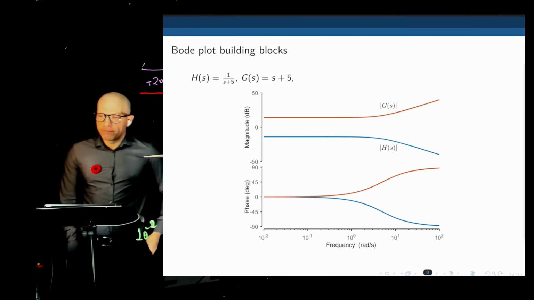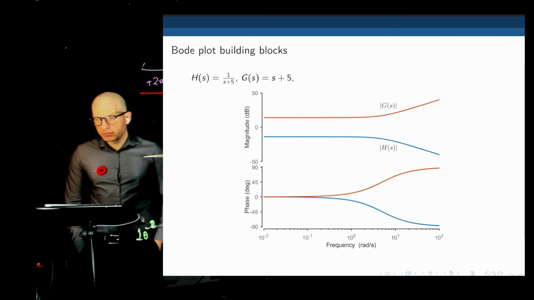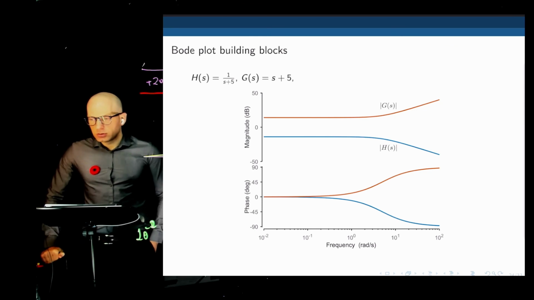Here's a plot. We have 2 functions, 1 over s plus 5, and simply s plus 5. And you can see that they go up and down, right?